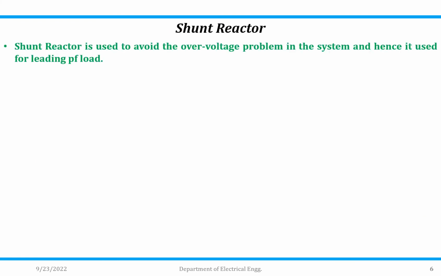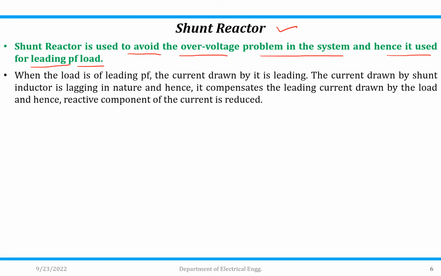So this is about a shunt capacitor. Now let's have a discussion about a shunt reactor. What is the use of a shunt reactor? It is used to avoid the over voltage problem in the system, and therefore it is used for a leading power factor. Please remember, previously the shunt capacitor was used for a lagging power factor, but here the shunt reactor is used for a leading power factor load.